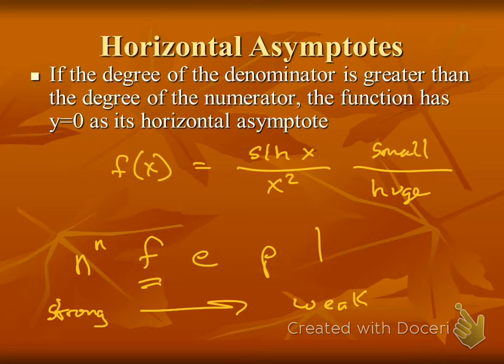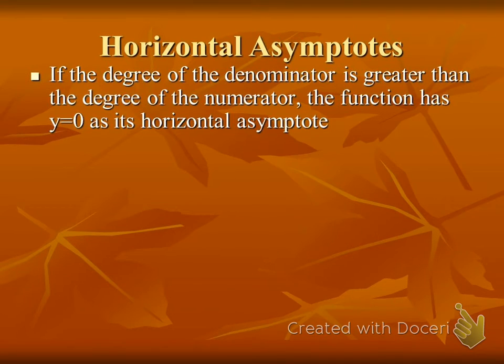Factorial functions are next, then exponential functions, polynomial functions, logarithms, and other functions like trig functions, sine and cosine at least. That's a hierarchy you can use to determine if the numerator is outgrowing the denominator. But anytime the denominator is outgrowing the numerator, your function is going to eventually get sucked down to 0. And that's the way it works with polynomial functions.